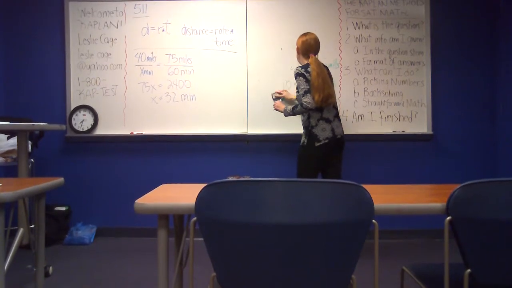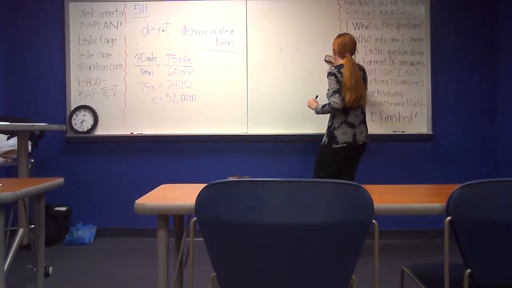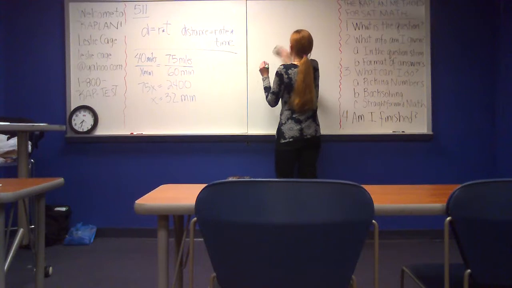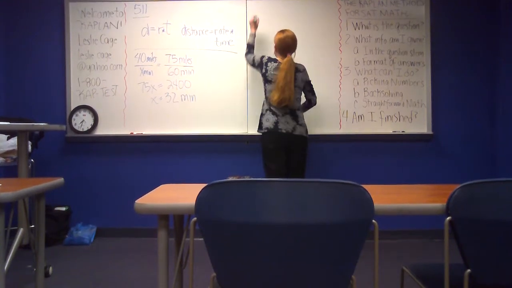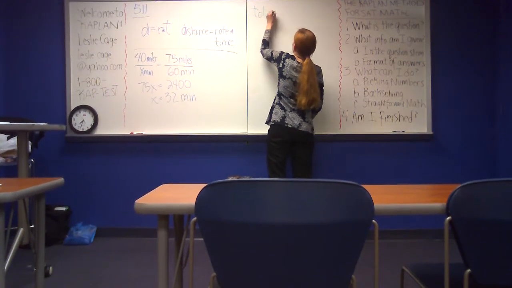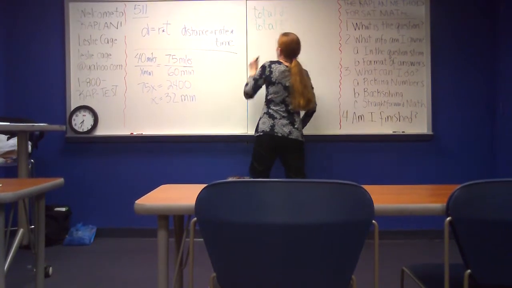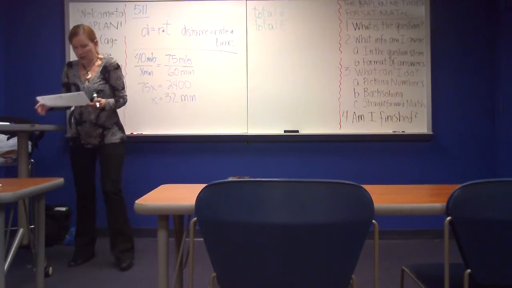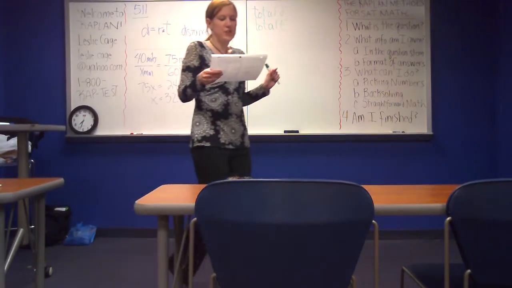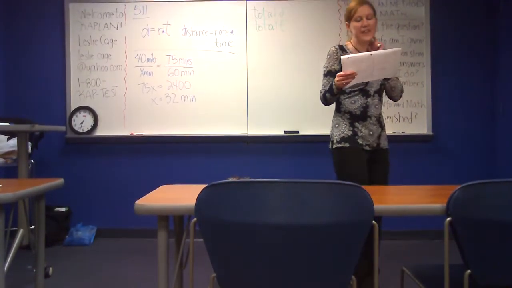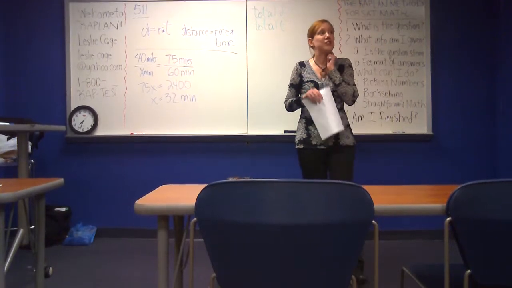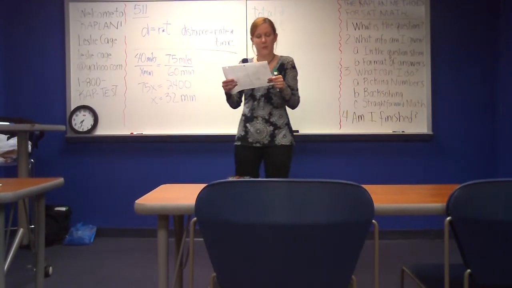Do not just add up the averages of the speeds. Okay, total distance and total time. When presented with multi-part journeys at different speeds and asked to find the average speed, don't just average the speeds. Use the average speed formula.